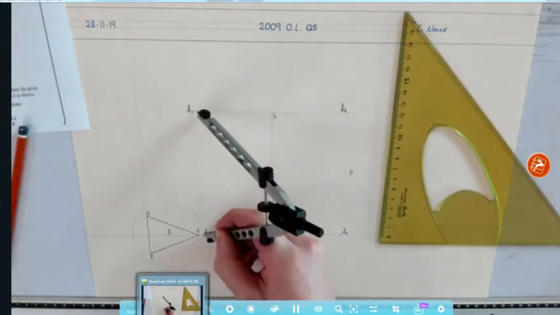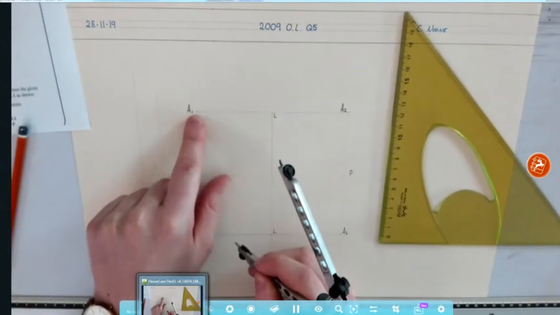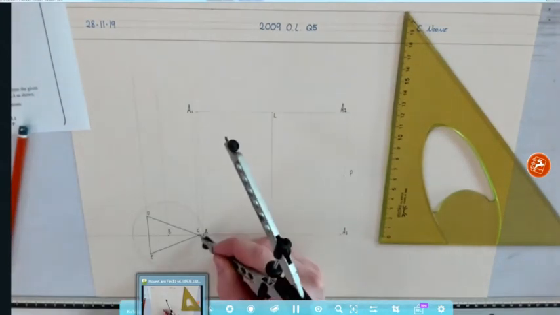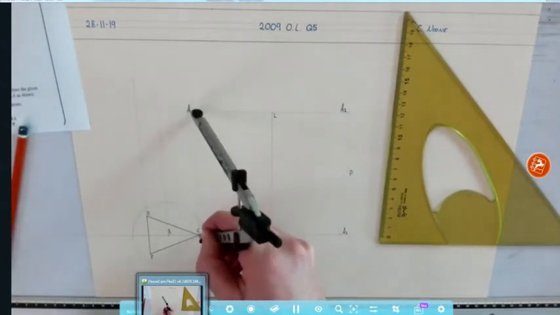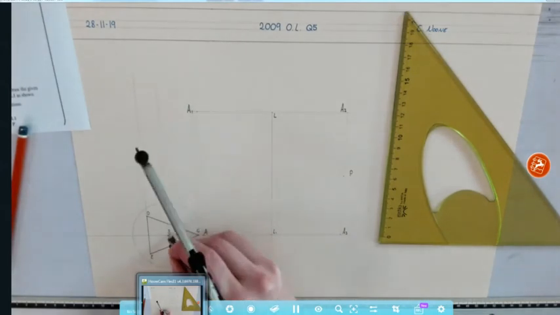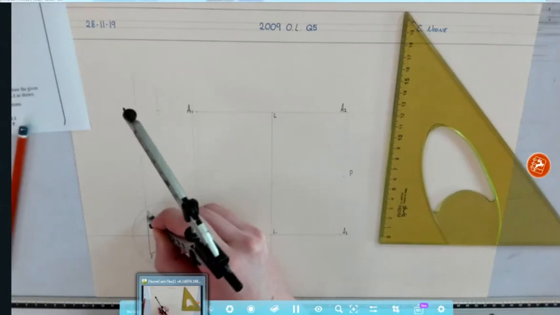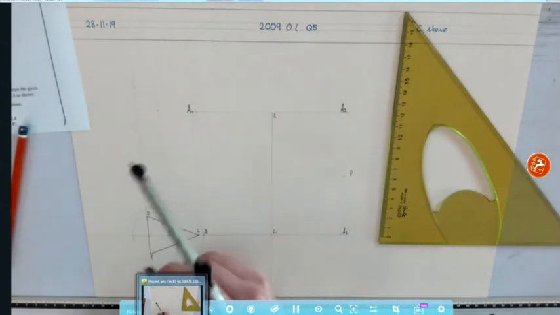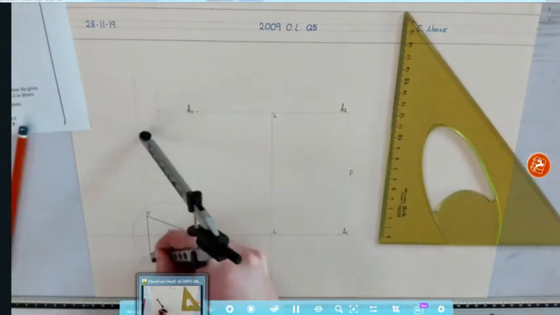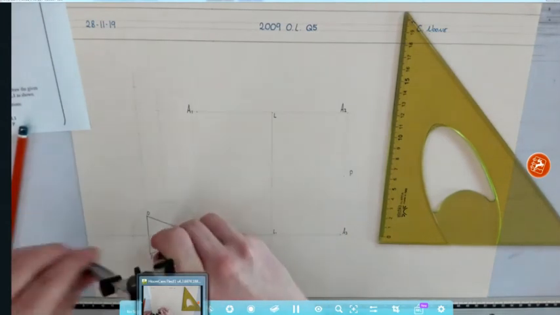Okay, perfect. And if A has moved this distance to find A1, C is also going to move the exact same distance. So is B, so is D, and so is E. Okay, go back to the original, get my radius.